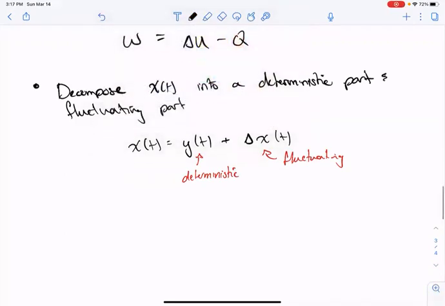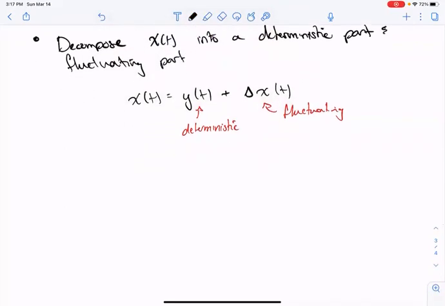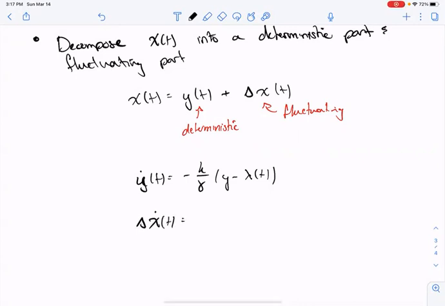Those two dynamic variables each satisfy an equation of motion. Y dot of t is equal to minus k by gamma y less lambda of t, and delta x dot of t satisfies a similar looking equation, minus k by gamma delta x plus 1 by gamma eta.